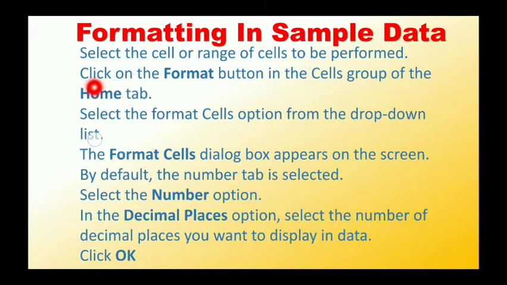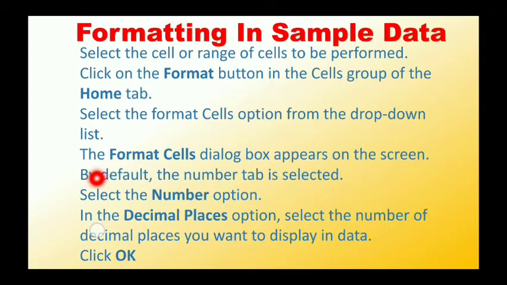Now the second step, we have to click on the format button. This format button is in the cells group on the home tab. When we click on the home tab, we go to the cells group and then we find the format button. Now select the format cells option from the drop down list.